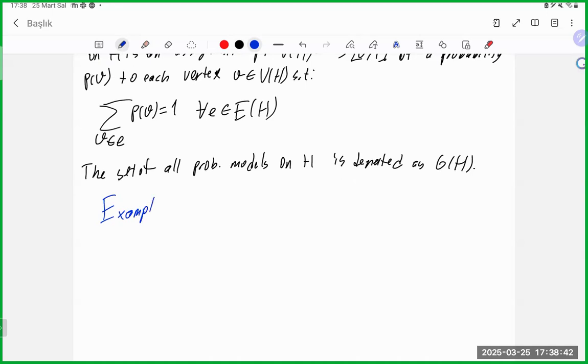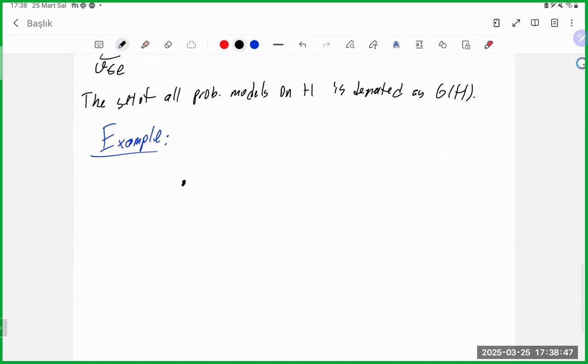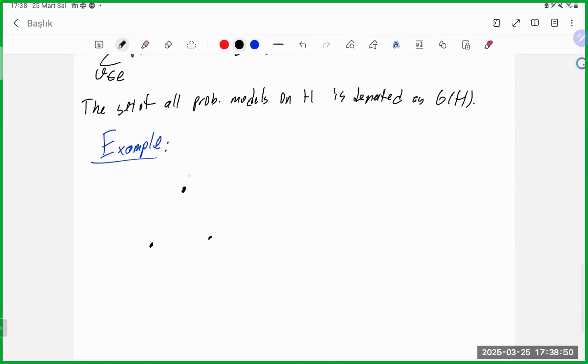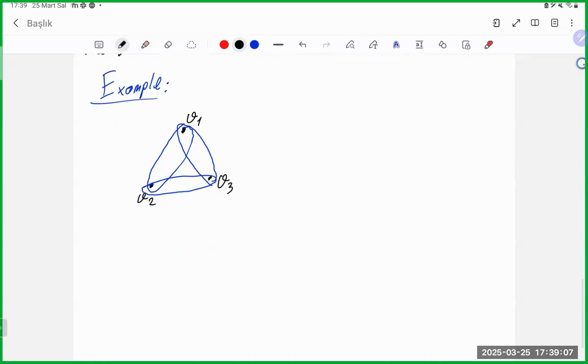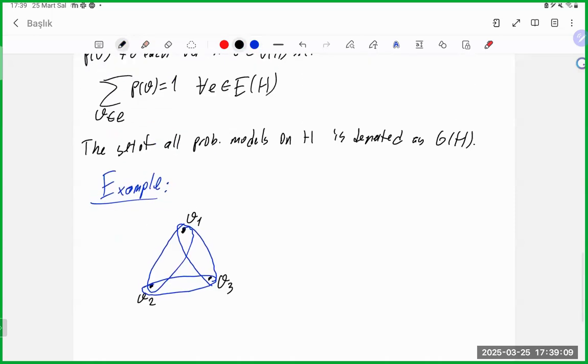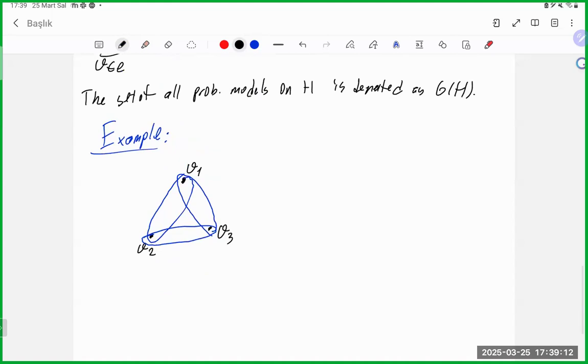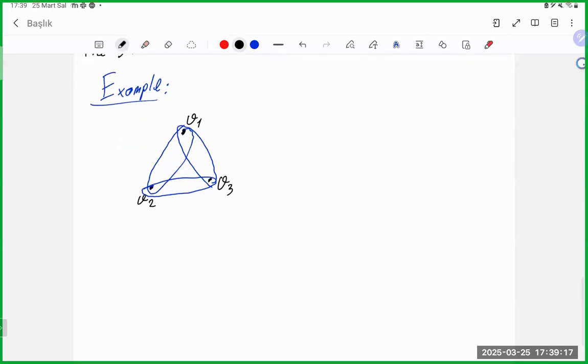Okay. So let's take this contextuality scenario. There are 3 vertices, V1, V2, and V3, and the edges are like that. If we try to assign a probabilistic model to this scenario, as I said, the sum of the probability assignments in one edge must be equal to 1.